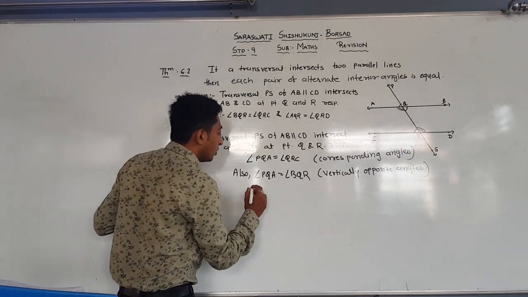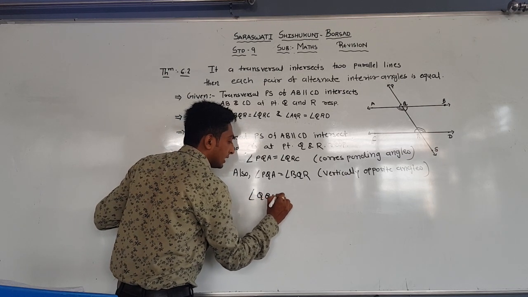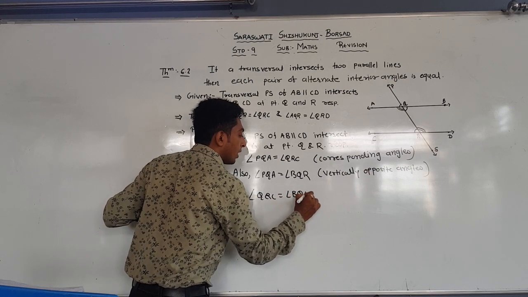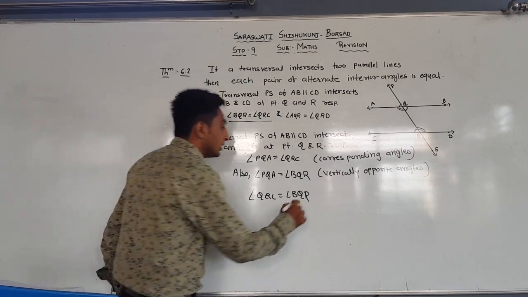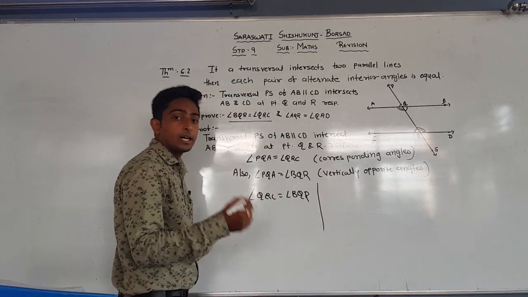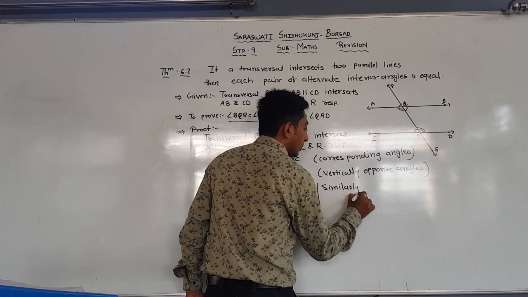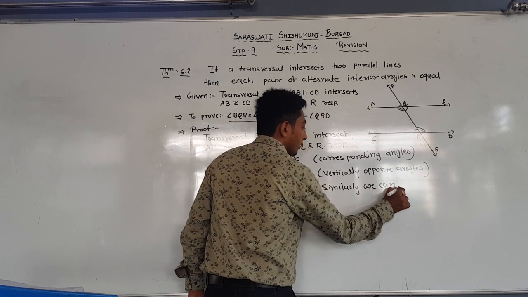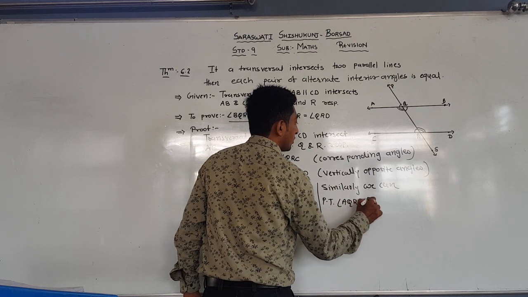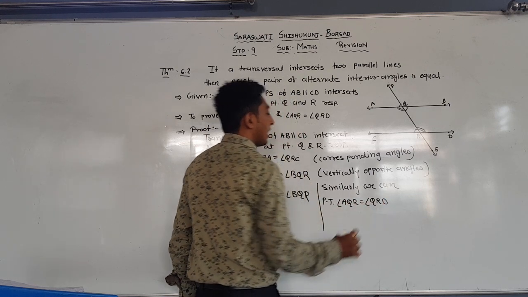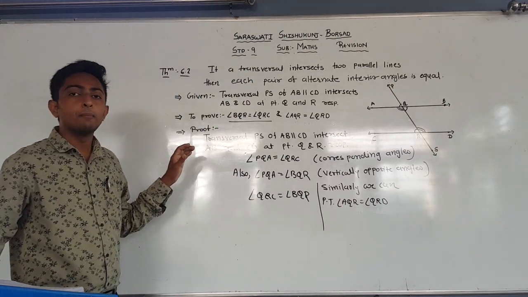So by 1 and 2 can I write angle BQR equal to angle QRC. So this is the first. Now you need not prove the other one. You have to write similarly we can prove that angle AQR equal to QRD. So this is theorem number 6.2.